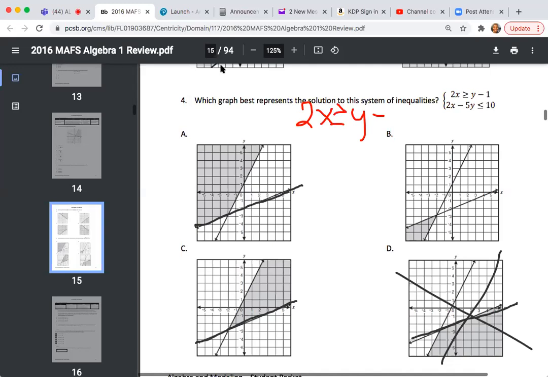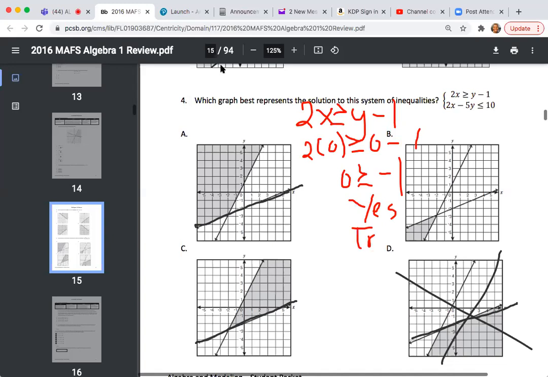You plug in 0 for x and 0 for y, and we get 0 is greater than or equal to -1. Is 0 greater than or equal to -1? Yes, that is absolutely true, guys.